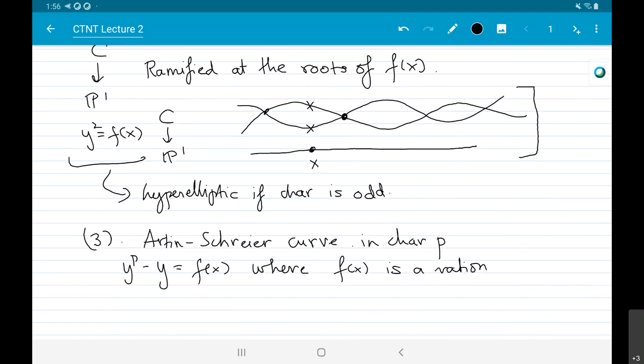And this happens to be a wildly ramified cover of P1. The map is the same. You send (x, y) to x. Okay, great.